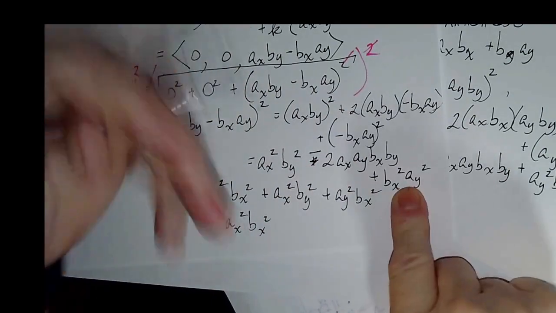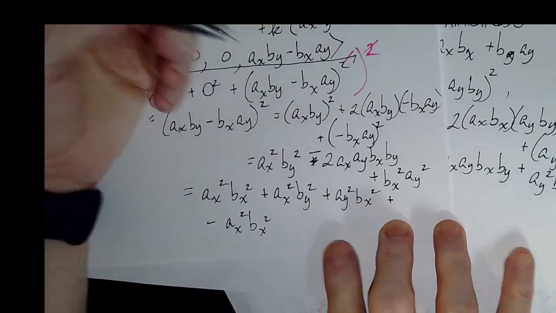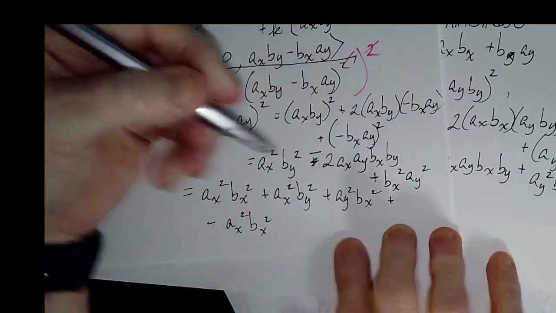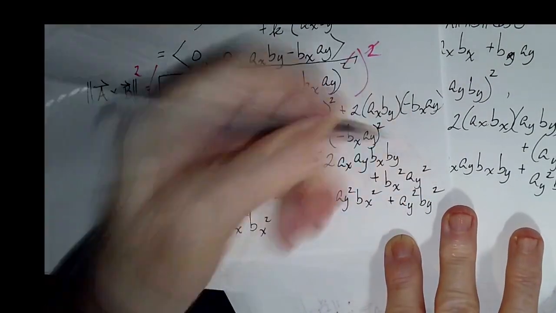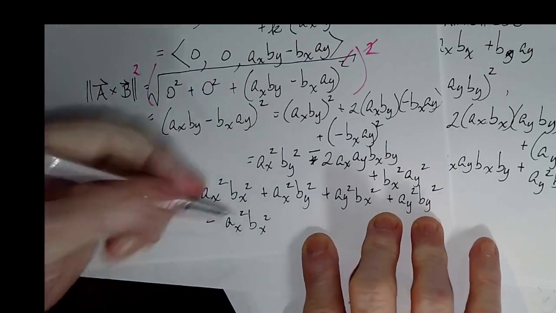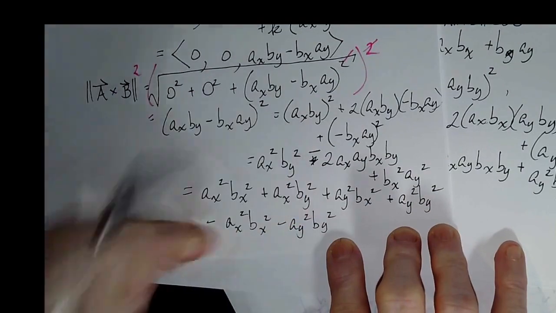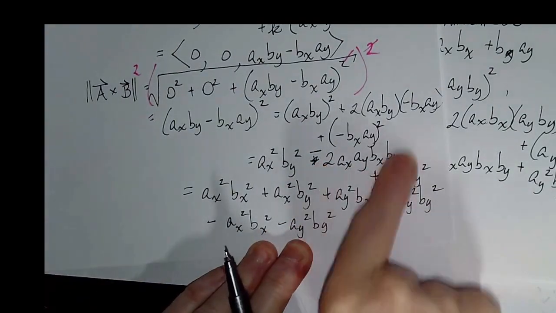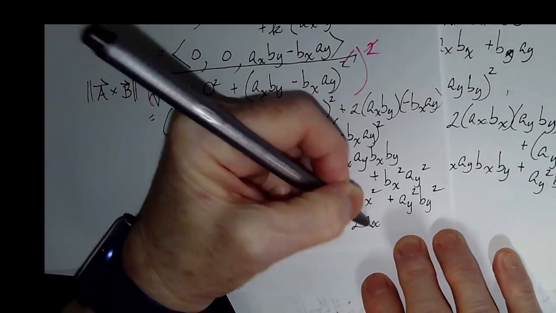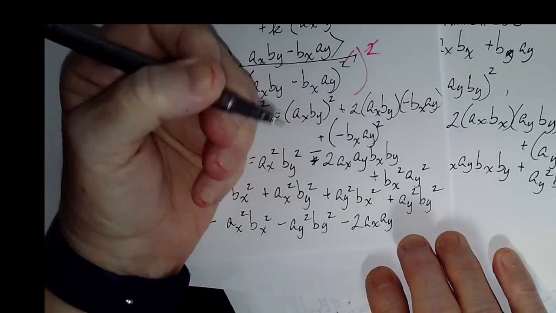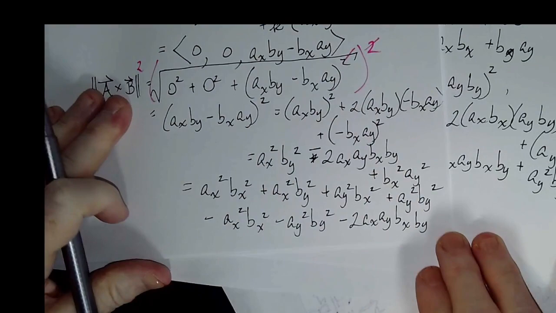I already had it, so I don't need to subtract it off. But I'm going to add the fourth combination, AY squared BY squared. That I need to subtract off. And I already had a negative 2 AX AY BX BY.